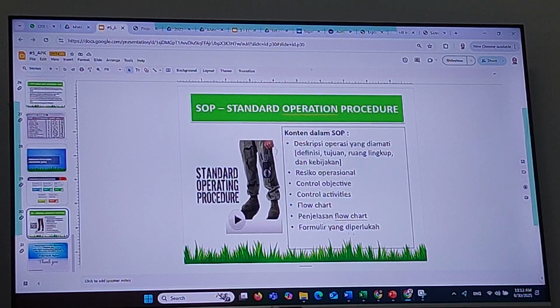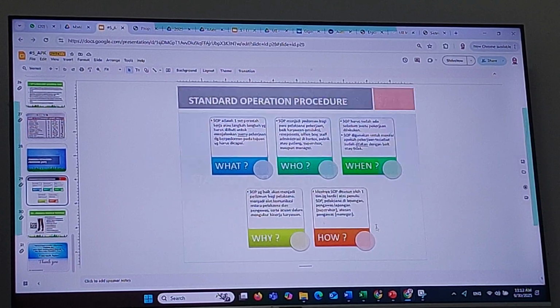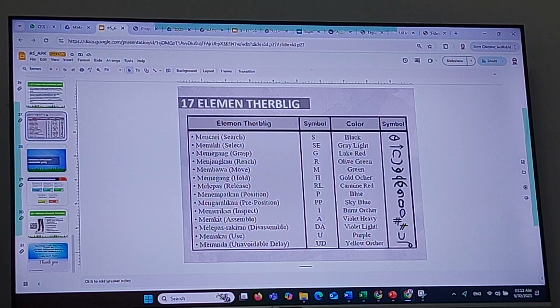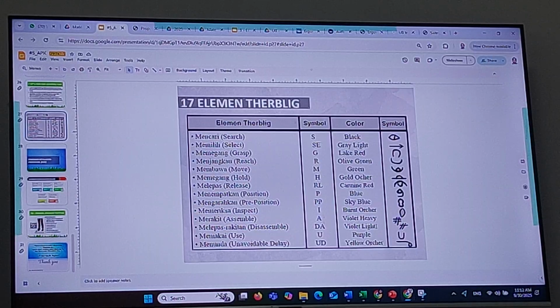That's called SOP. But for the focus next, we will study this one, and we need to understand the 17 elements after the midterm exam.